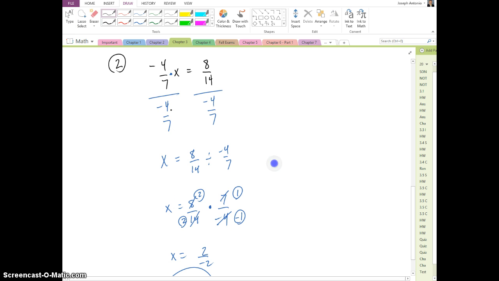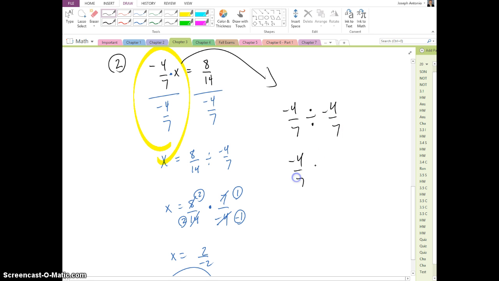Again, right here, you say -4/7 divided by -4/7, which is -4/7 times 7/-4. That leaves you with -28/-28, which leaves you with 1. Again, these cancel out if you want to cross reduce.